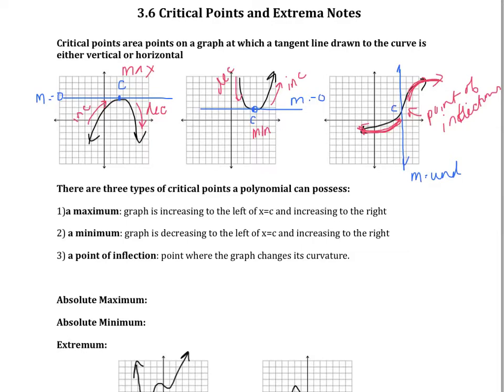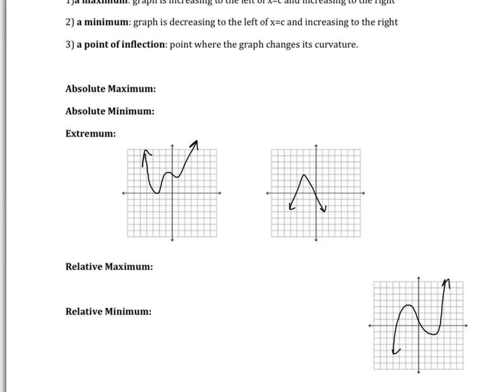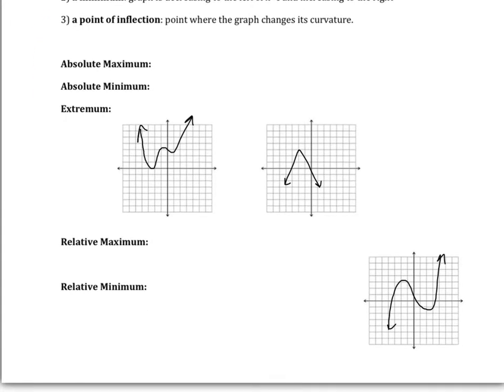So we have maximums and minimums, and then we have 2 types of maximums and minimums: absolute maximums and relative maximums. An absolute maximum is the greatest value a function reaches over its domain.